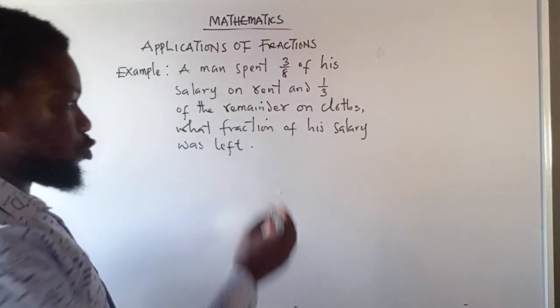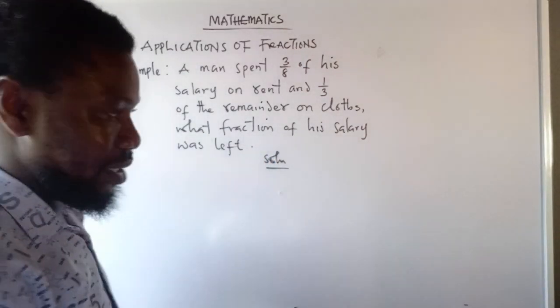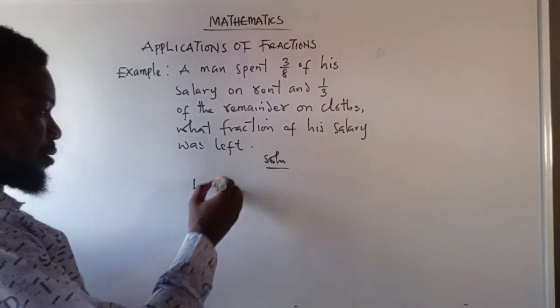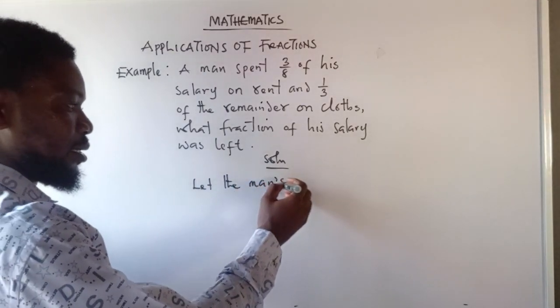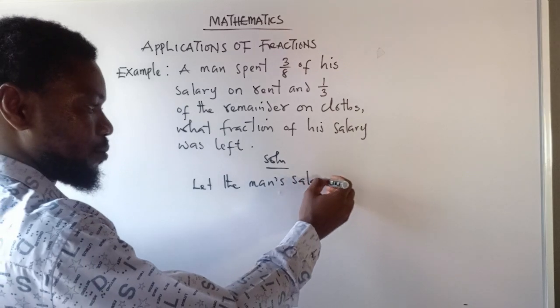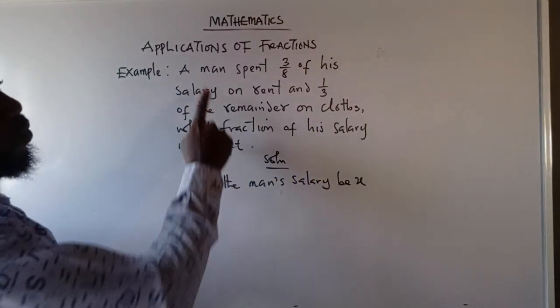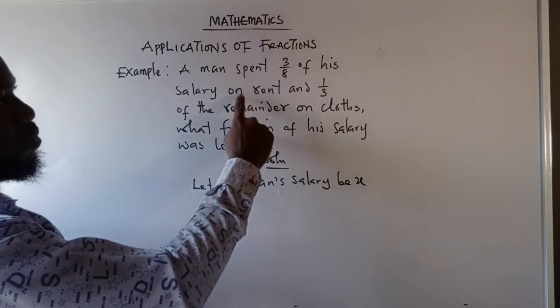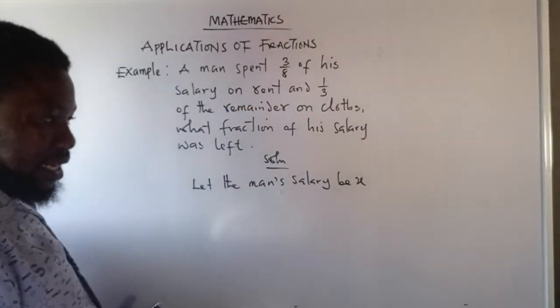So we can assume, let the man's salary be X. So what he spent on rent, they say 3 over 8 of his salary.